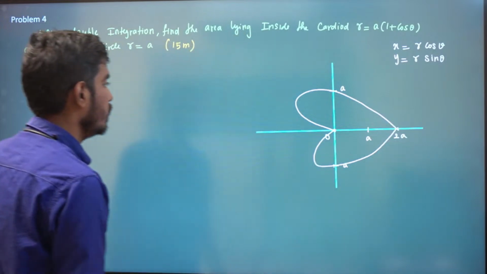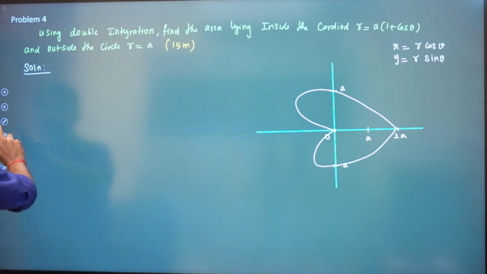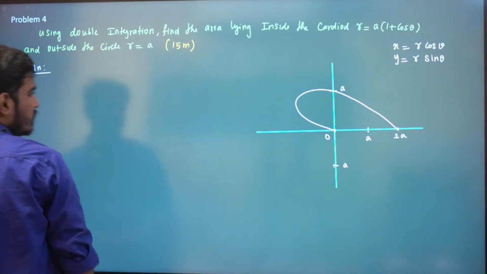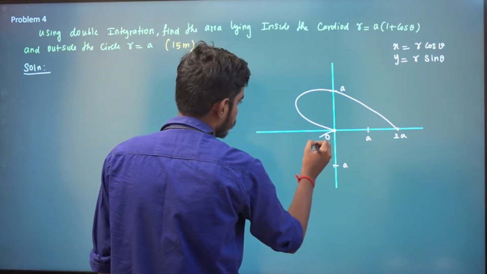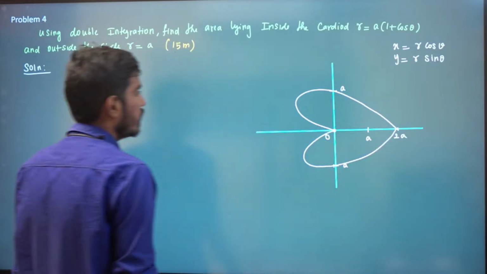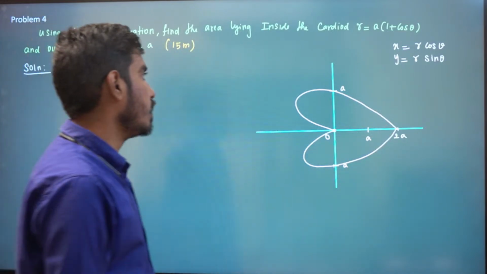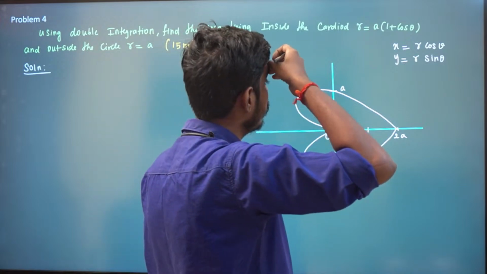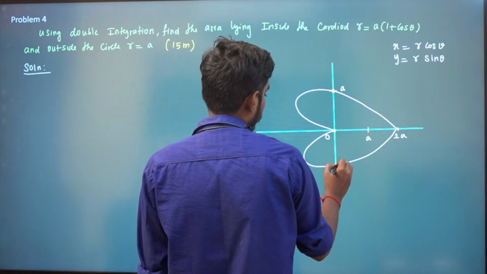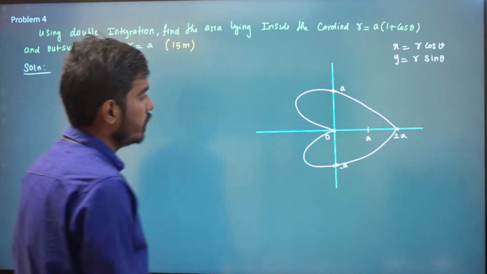So this is the graph of the cardioid, r is equal to a into 1 plus cos theta, right? This is a, this is minus a, and this is 0 and 2a.